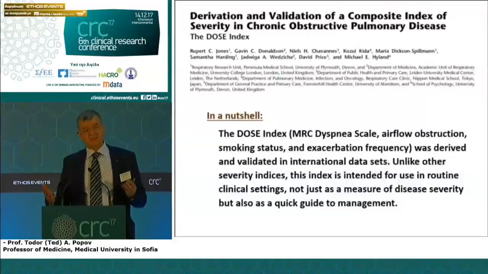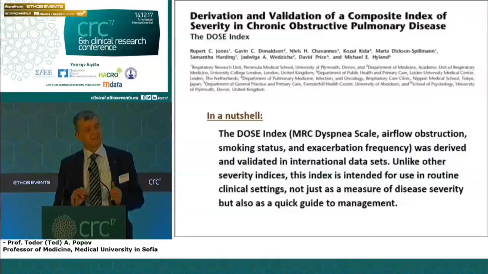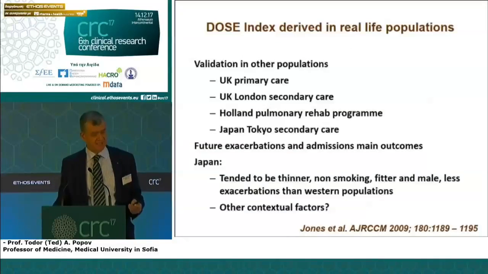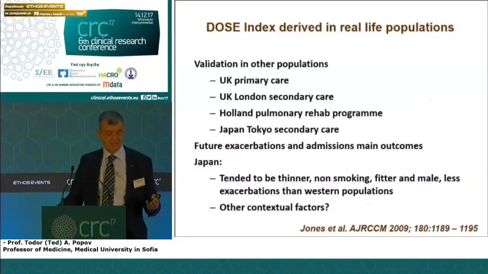And this is a good example of how real-life data can serve the purpose of making good guidelines on the basis of real-life data. But is it the same real life? Is it the same real life in different places?